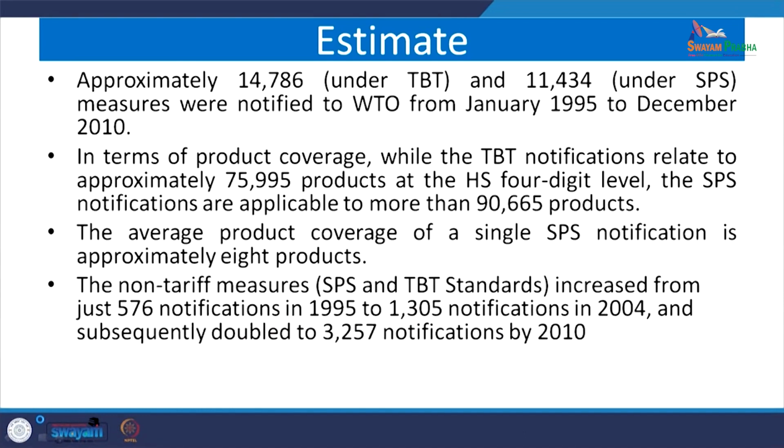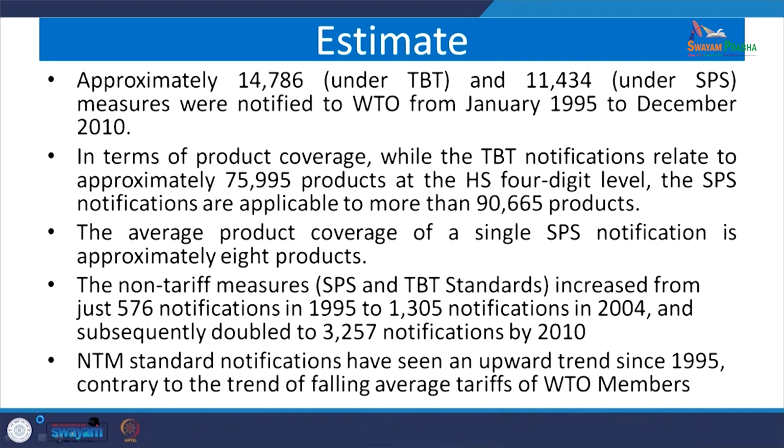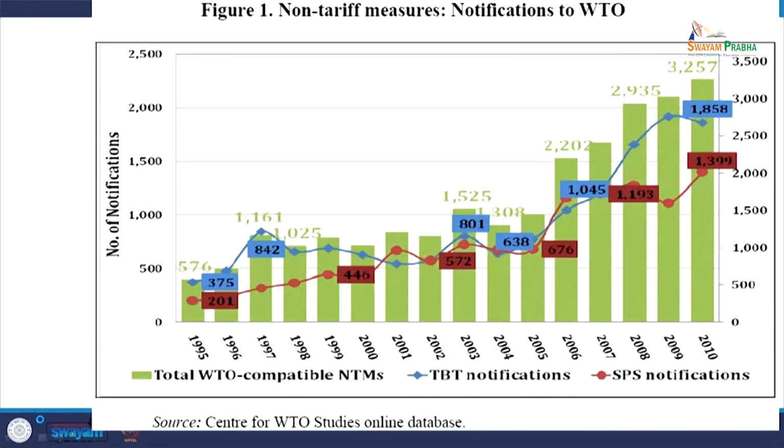Now, non-tariff measure notifications increased from 576 in 1995 to 1305 in 2004 and subsequently doubled by 2010. These NTM standard notifications have seen an upward rise since 1995, contrary to the trend of falling average tariffs of WTO members.